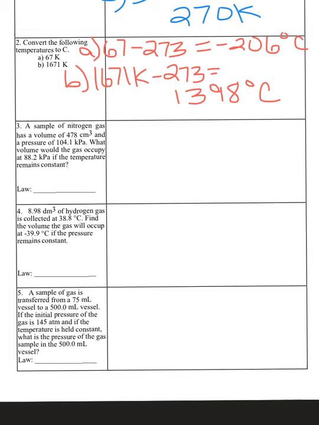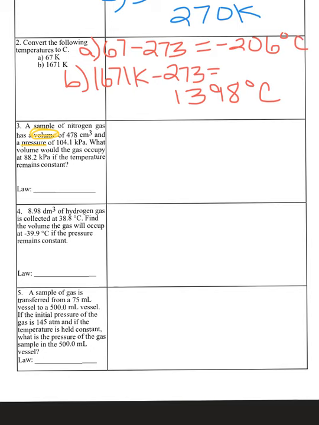So let's look at number 3. A sample of nitrogen gas has a volume, so this is important, of 478 centimeters cubed and a pressure of 104.1 kilopascals.